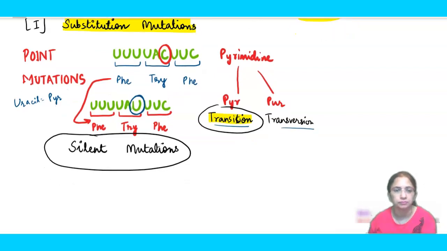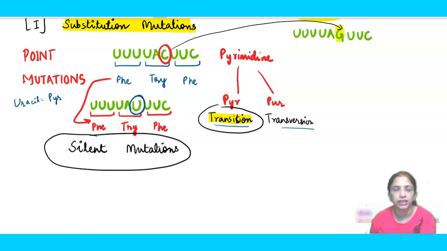Let's see. In the same example, suppose I take this C base again, and in place of it, I would be writing the sequence as U, A, G, U, U, C. Okay, so here you can see that I have changed C to G.